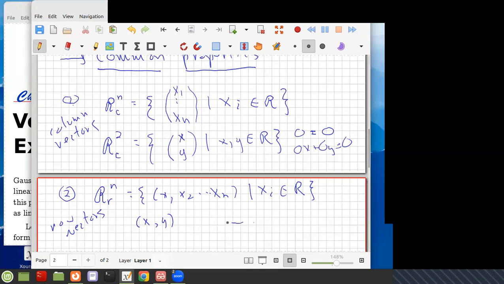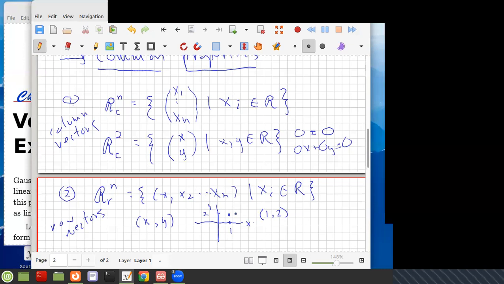Let's see if we can do a little bit better. So here's the x-axis, the y-axis, and you have some point, and then you might have like 1, 2, and this is the coordinate pair that goes with this point. Coordinate pairs you don't usually add or subtract, because they're just locations, like map coordinates.